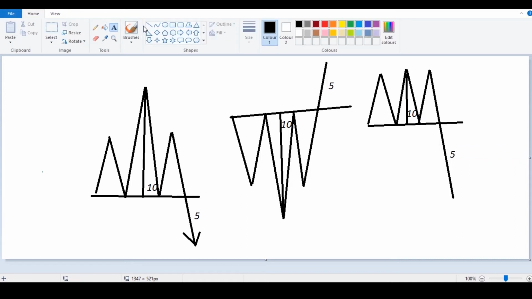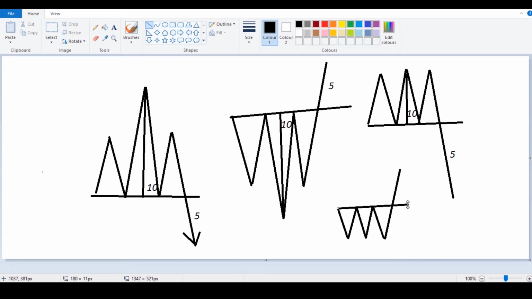And then you've also got the inverse triple top. Now, triple tops are fairly rare to find. But when you do see them, at least you know that it is more or less the exact same thing as a head and shoulders pattern.